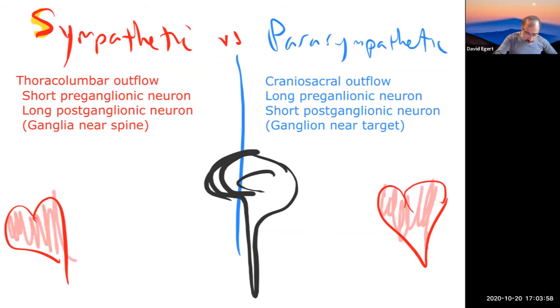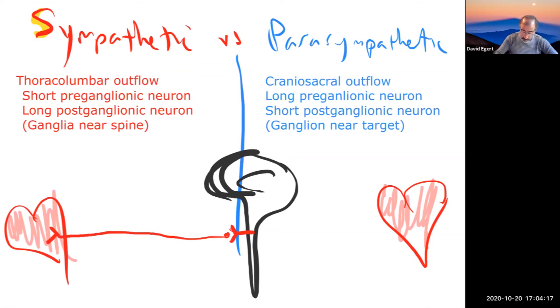So sympathetic is going to be starting in the thoracolumbar region. There'll be a ganglion right near the spinal cord there, near the spine, and then a really long one that goes all the way to the target.